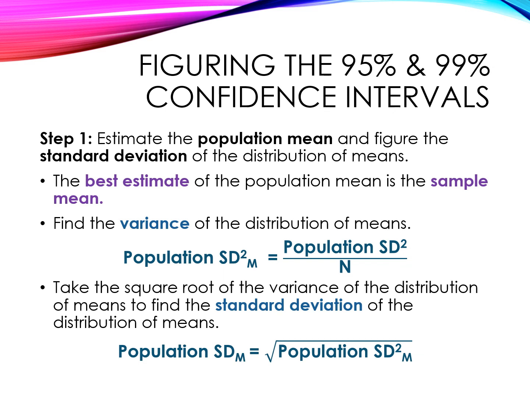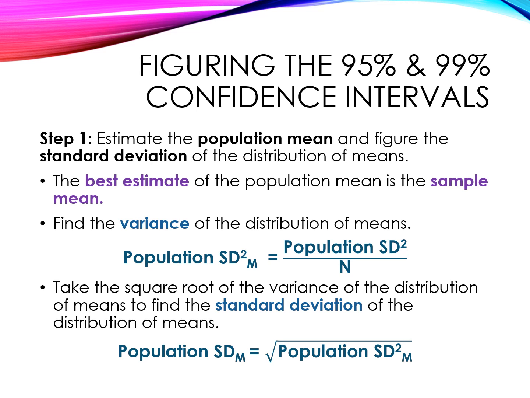There is a process for figuring your confidence intervals, and we've already calculated a lot of these things, but just so that you have the formulas in your notes, you need to have them. So remember that your best estimate of the population mean is the sample mean. So step one, estimate the population mean and figure the standard deviation of the distribution of means.